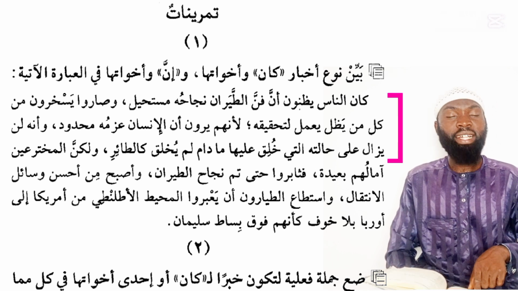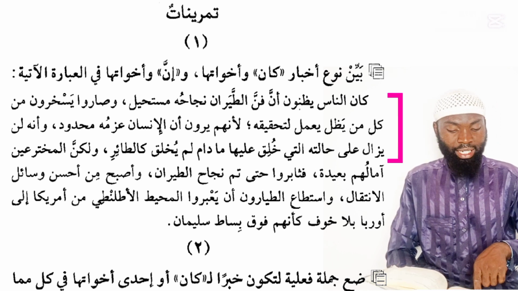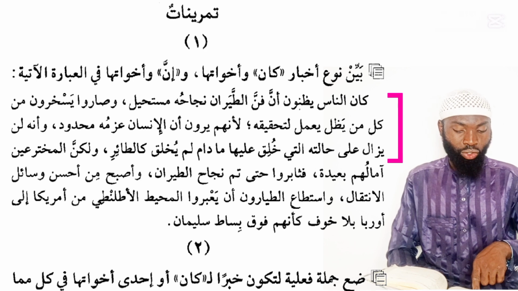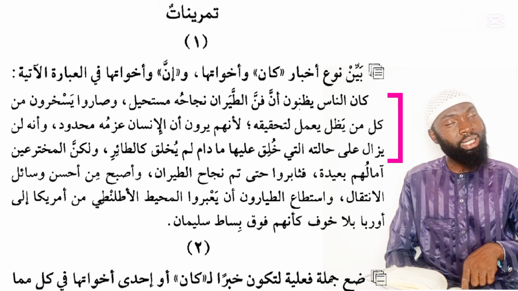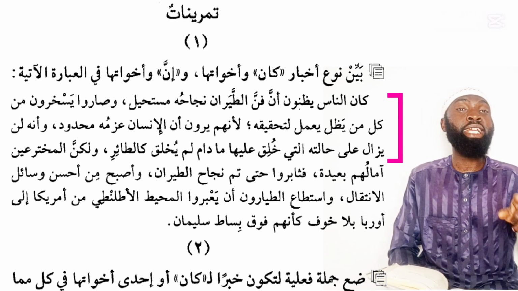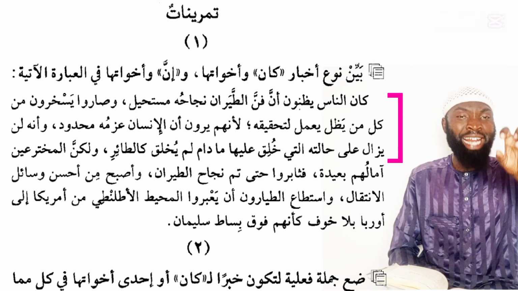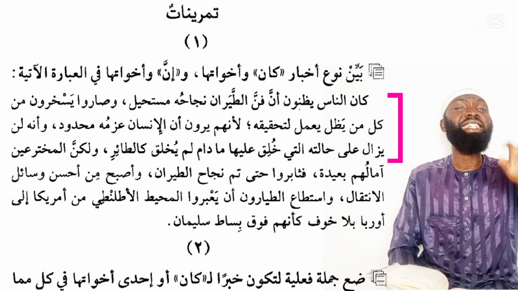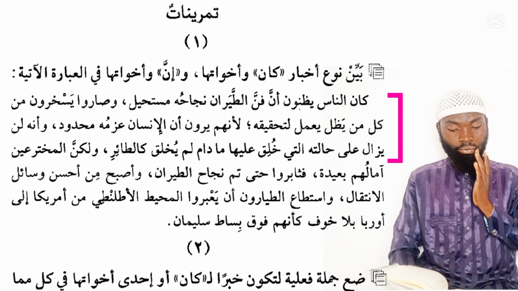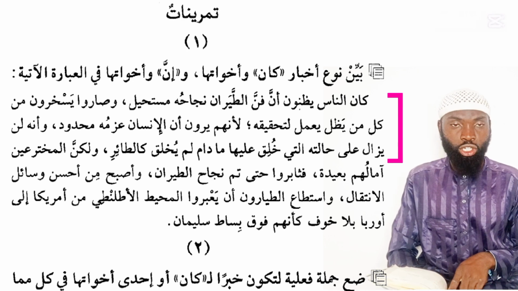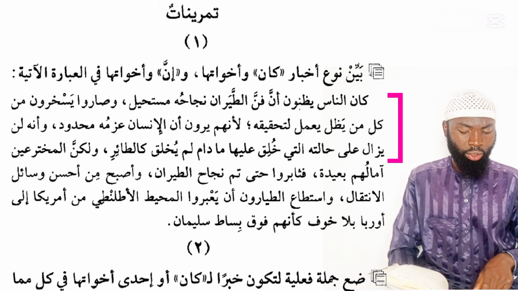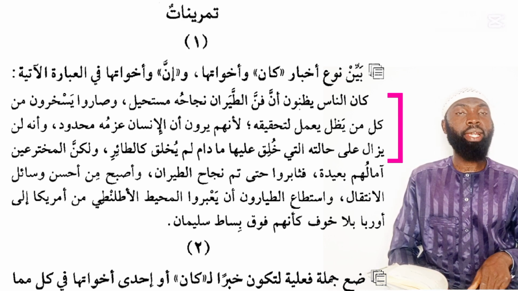Then anna fanna tayrani najahuhu mustahil. Najahuhu mustahil is also khabar of anna in this sentence, because anna is among the sisters of inna. Wasaru yaskharuna min kulli man yadhallu ya'malu litahqiqi.